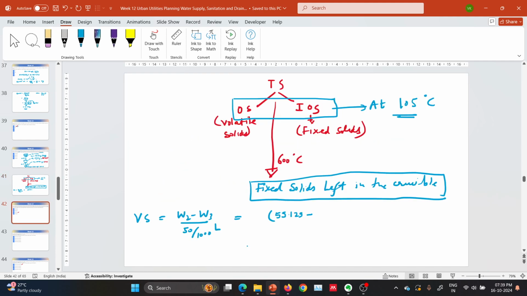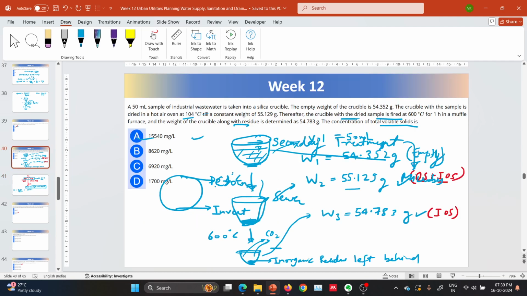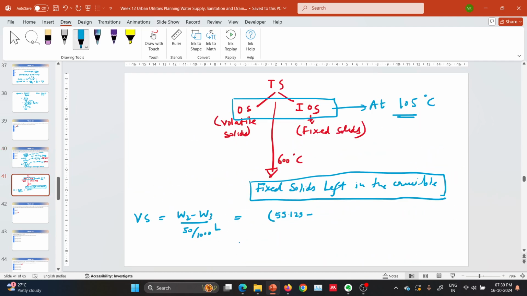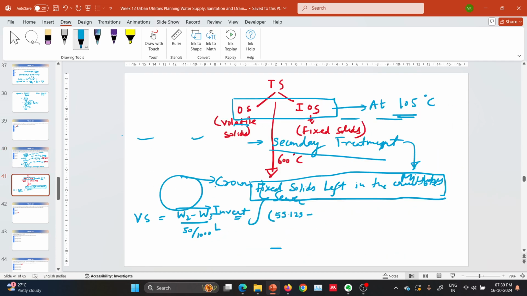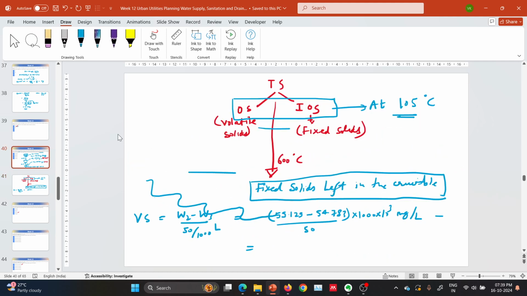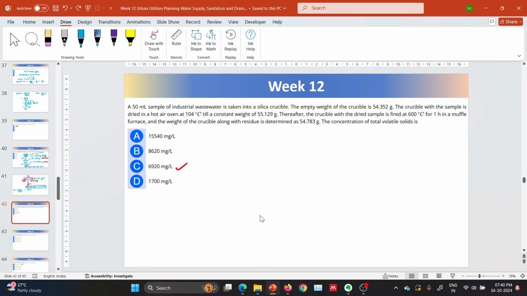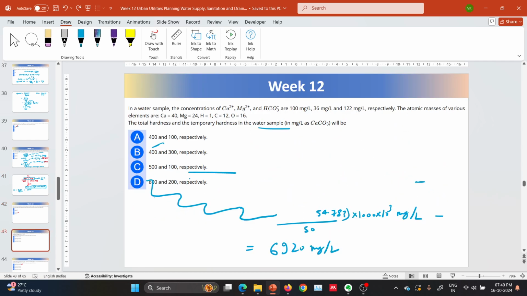If you solve it, you will get around 6920 milligram per liter. So the answer is 6920 milligram per liter.